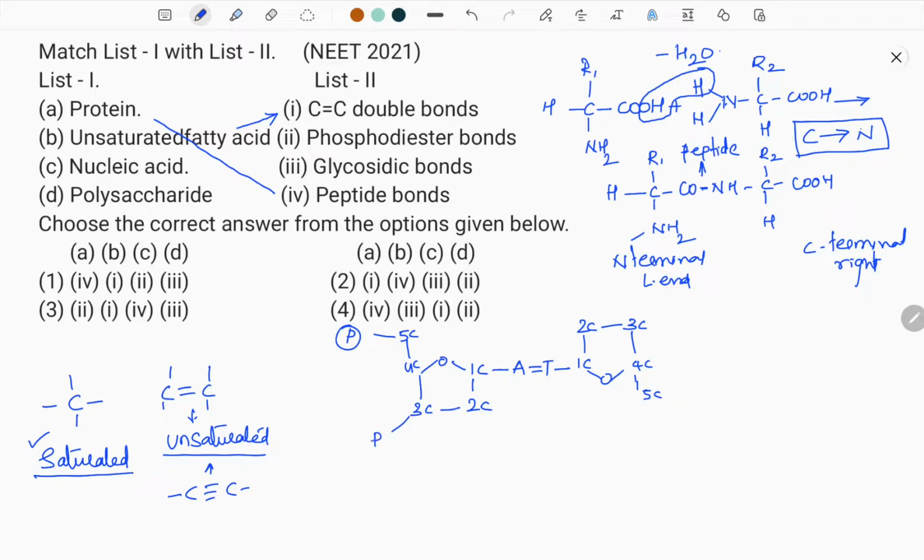To this, one phosphate group is attached, and here also one phosphate group is attached. Phosphate group is attached to the fifth and third carbon of the sugar molecule by what we call an ester bond, and again is attached to another fifth carbon of another sugar molecule.